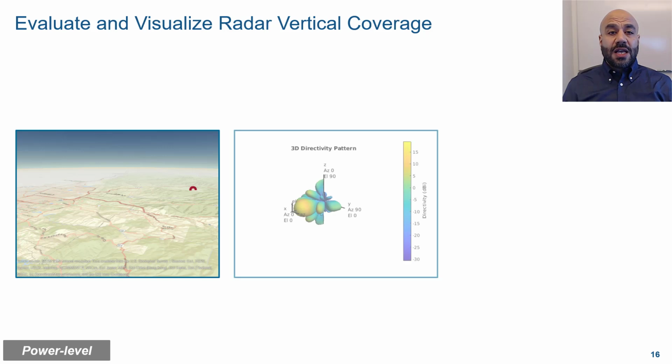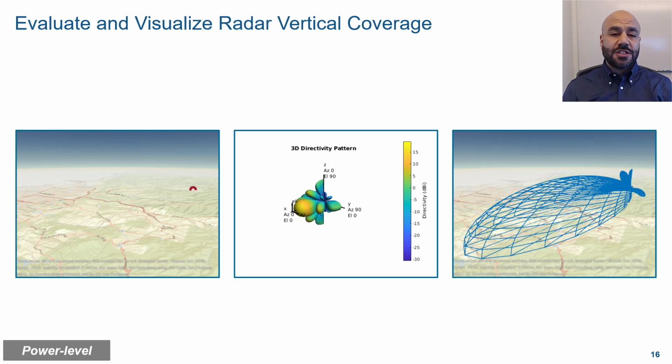You can assign a radiation pattern to the radar's antenna, and what you're looking for is the effect of the surface returns on the radiation pattern of this radar, and as a result looking at the vertical coverage. The constructive and destructive interferences between the surface returns and the radiation from the radar would generate a different radiation pattern for the antenna, which is shown with the radar vertical coverage over the terrain here.